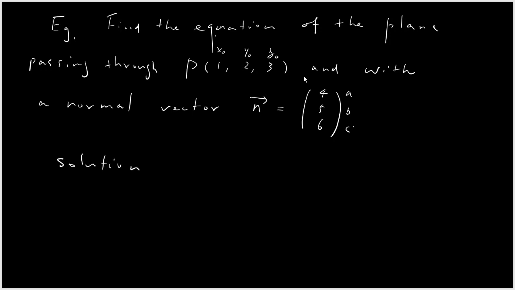Solution. So it's very straightforward. In the general formula, the first term is a times x minus x naught, so you have 4 times x minus 1. The second term is 5 times y minus 2, and then plus 6 times z minus 3, is equal to 0.